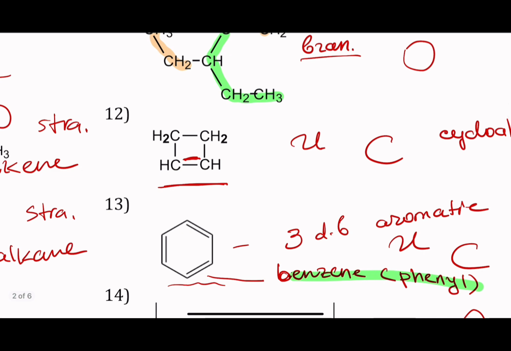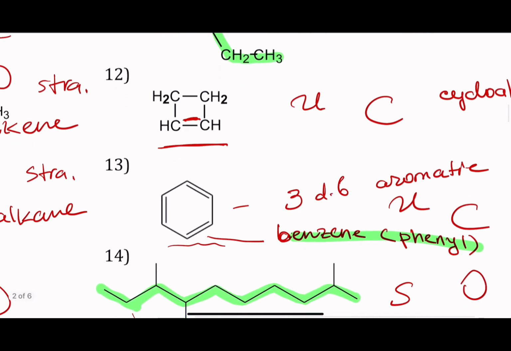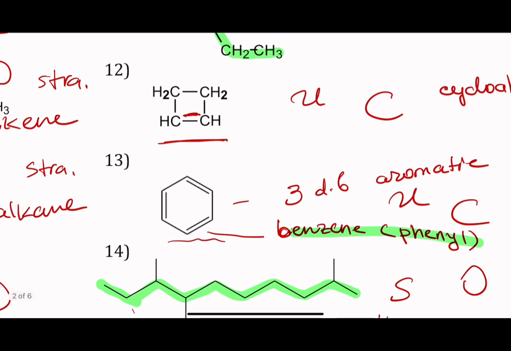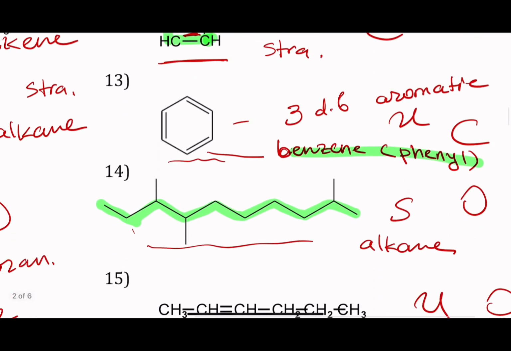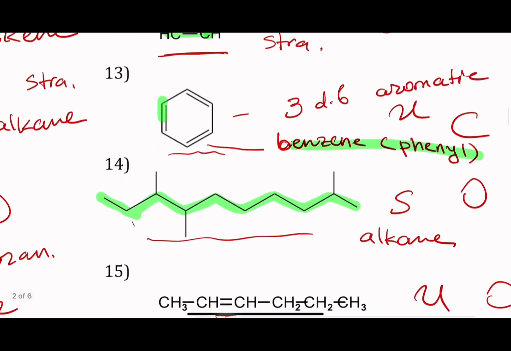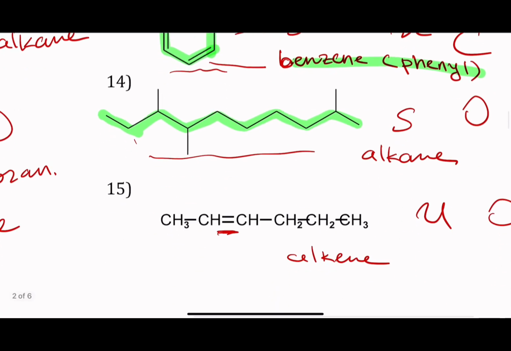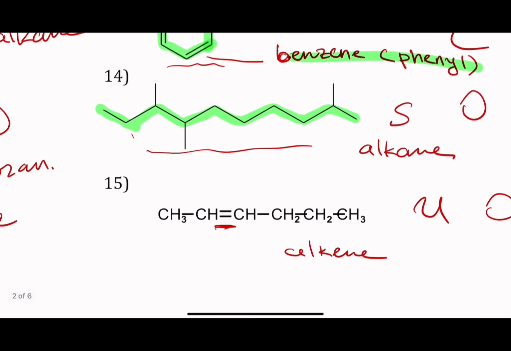And for 12 I have a ring, so it has no branch, so we're going to go with straight for this one. For this one I have a ring, no branch, so it will be straight as well. But for 14 you can see I marked the longest chain in green, but my branches are here, so this one is branched as well.